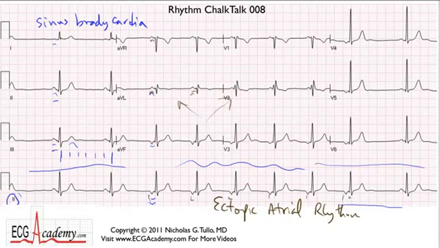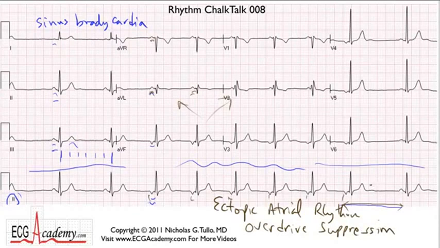But then after this ends, you have a fairly long pause. And that's pretty common, because we have this concept of overdrive suppression. Overdrive suppression is an electrophysiologic concept that any area in the heart, whether it be in the atrium or the AV node or Purkinje fibers or even ventricular myocardium, is able to fire.